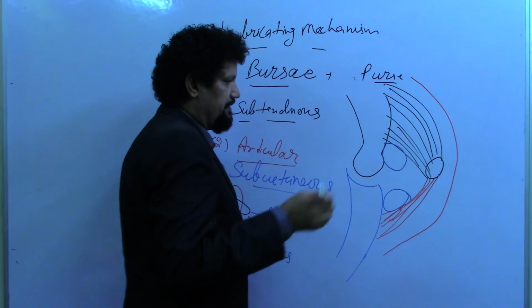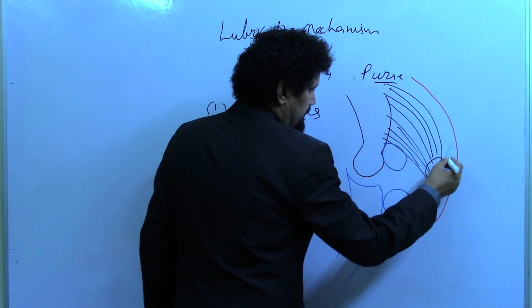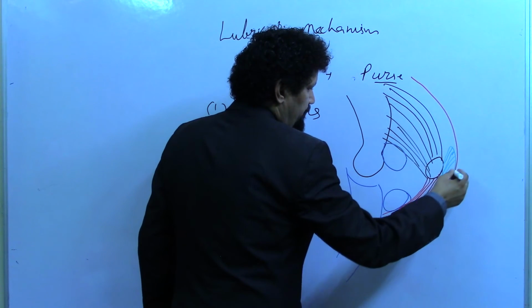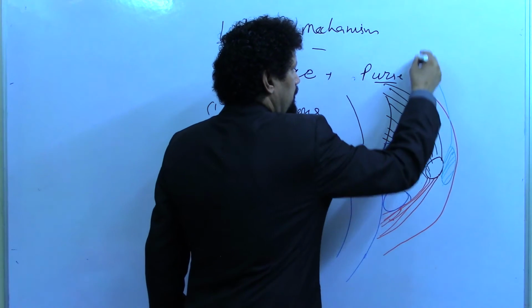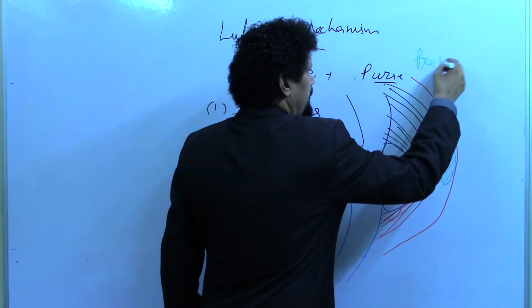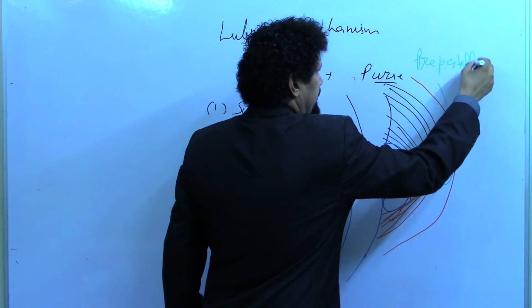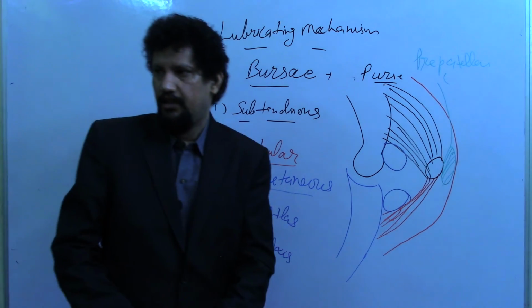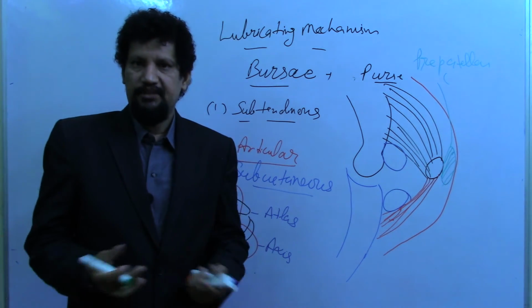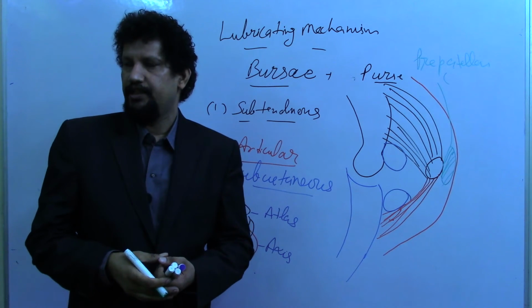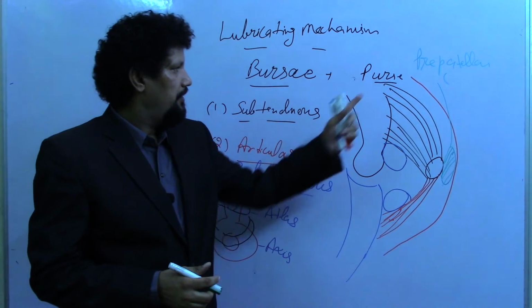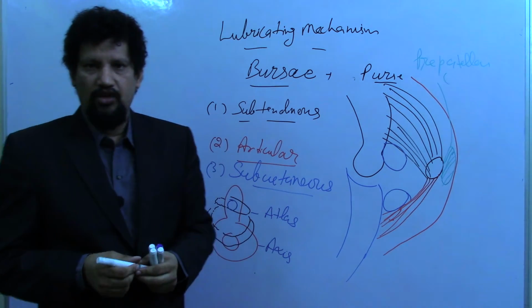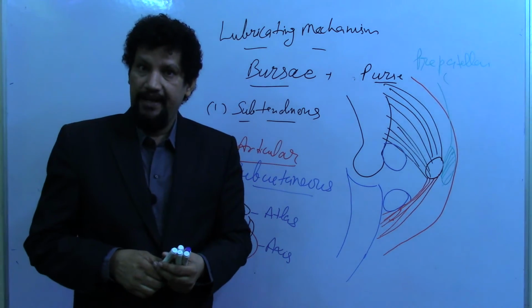A bursa is interposed between the patella and the skin. This is known as pre-patellar bursa. Pre-patellar, also known as housemaid's bursa, because this bursa is exposed to the floor in housemaids, so it is known as housemaid's bursa.